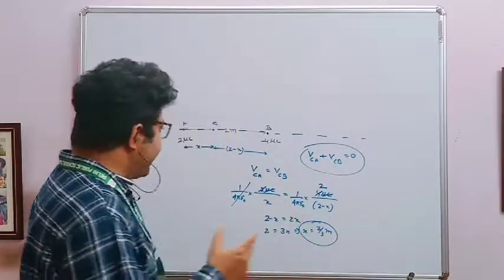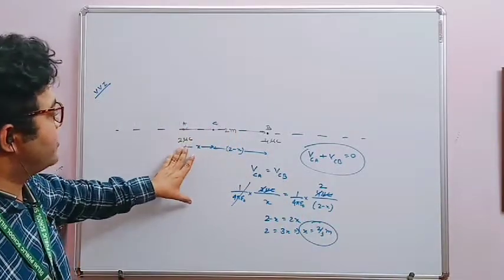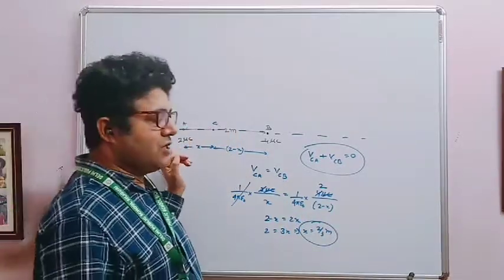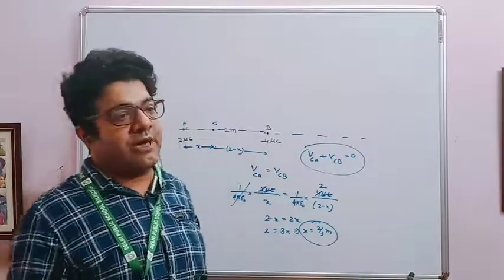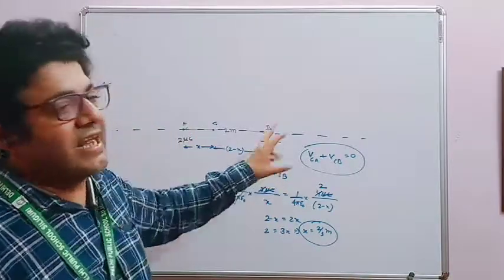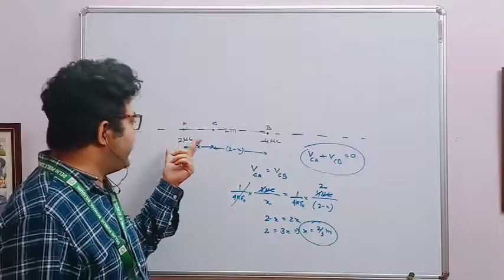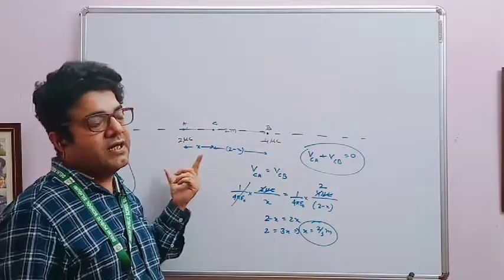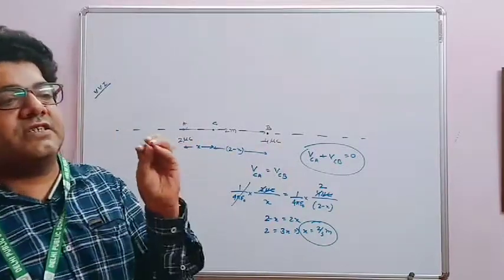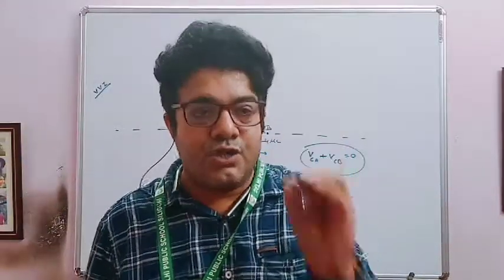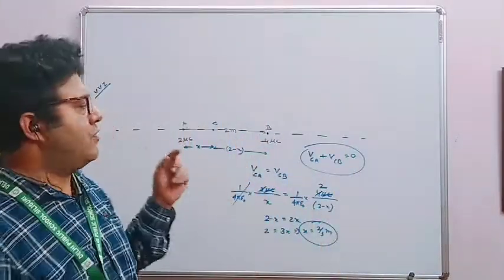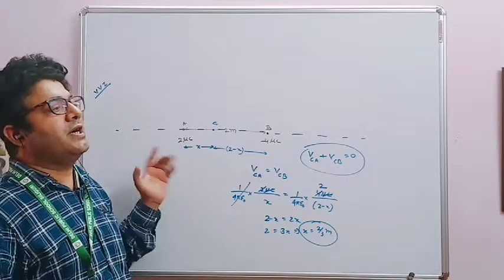And the second one is, see, one charge is 2 microcoulomb, another one is minus 4 microcoulomb. Forget the sign. Sign means nature. In terms of strength, this one is higher strength, this one is lower strength. Always choose towards the small strength. I repeat, always choose the position towards the small strength.